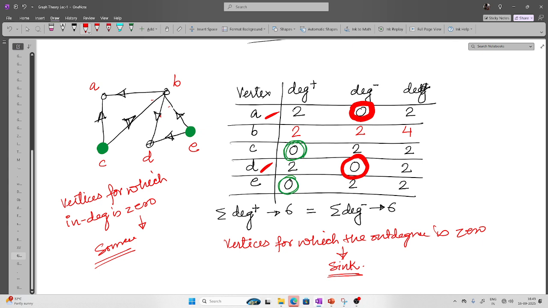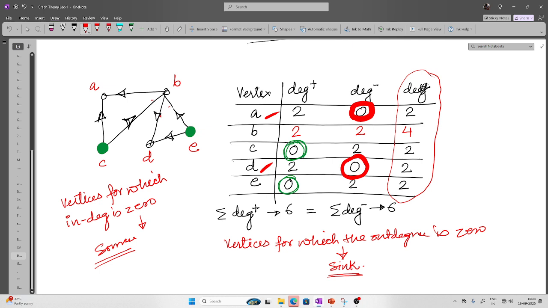Okay. So in this lecture, what you have learned is how to evaluate the degree of a vertex in case of a directed graph. So basically, if you look at this particular column, you will be able to understand what a degree is. It is the number of edges connected to a particular vertex.